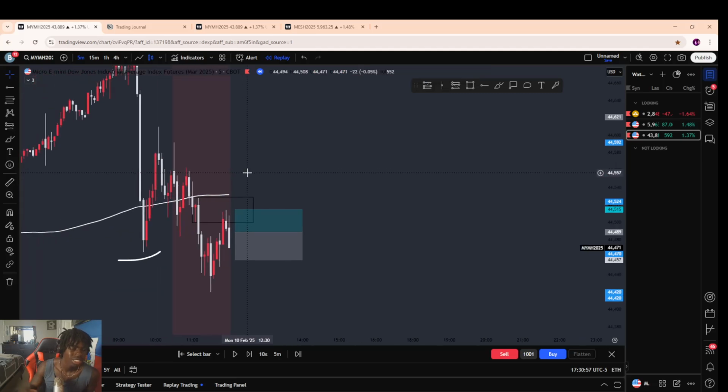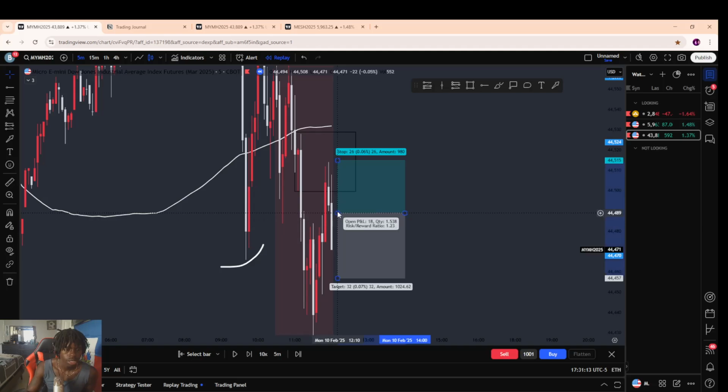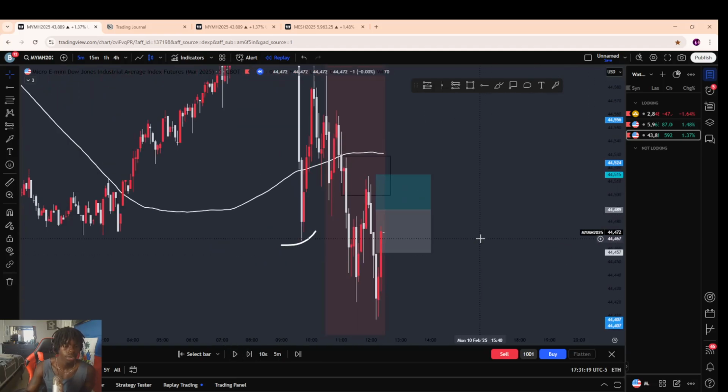Well, I wouldn't even say a 15-minute zone because there's really no gap right here. So I'll say this is a 5-minute. As you can see, the zone also has a gap from right here to right here that has to be filled. So I got in as soon as it broke this candle. I got in, and I went for 1 to 2, and that was all she wrote right there.